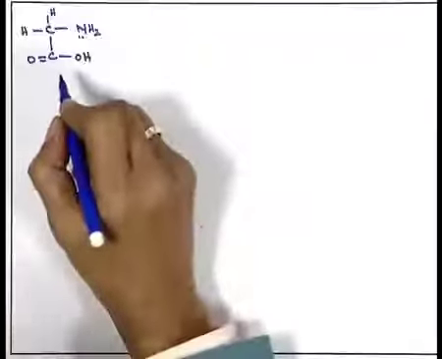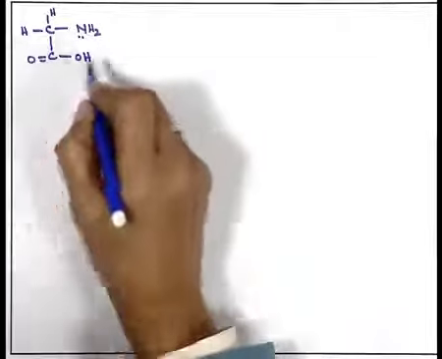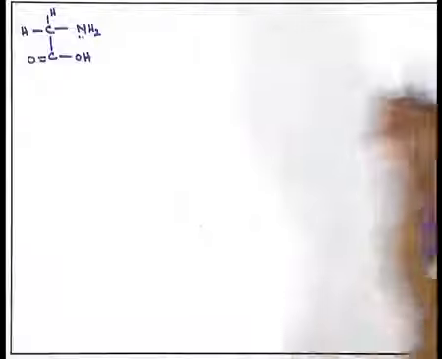So, what can this amine do? It can donate electrons, that we have seen. So, it is a base. At the same time, in the same molecule, in the other portion we have a carboxylic acid group COOH. We know acetic acid is acidic in nature, carboxylic acids are acidic in nature. Why?